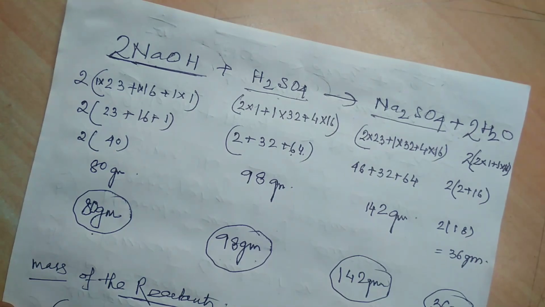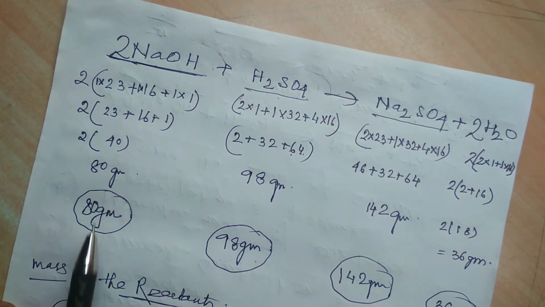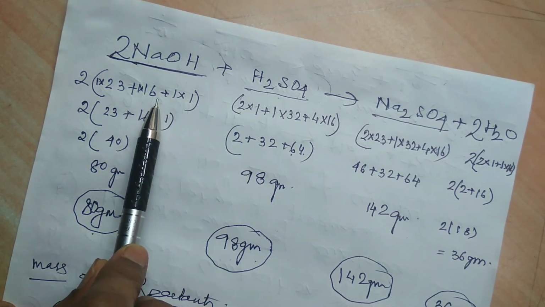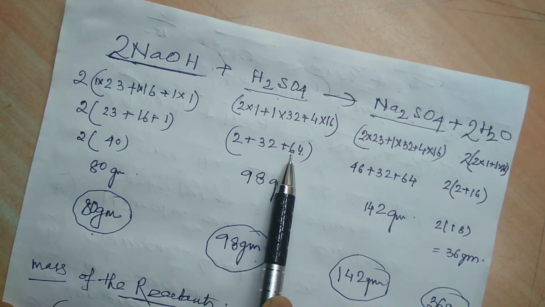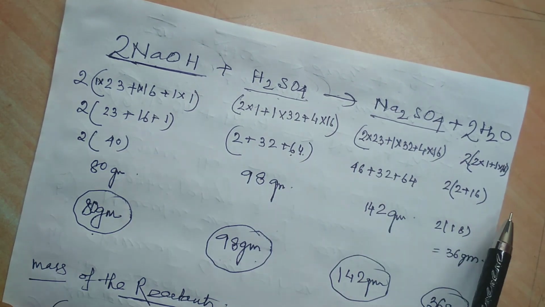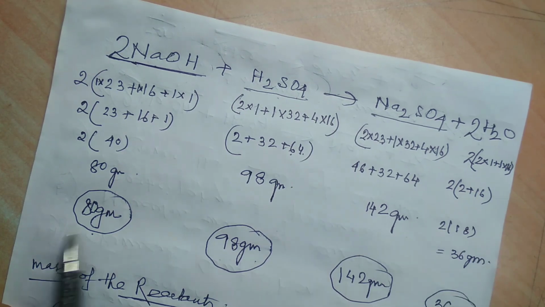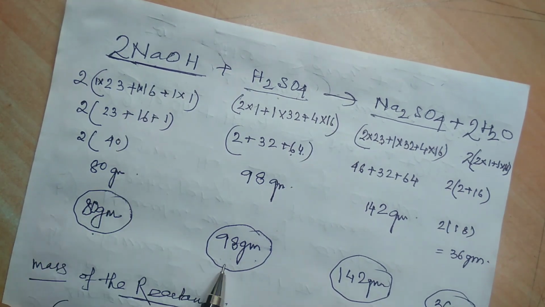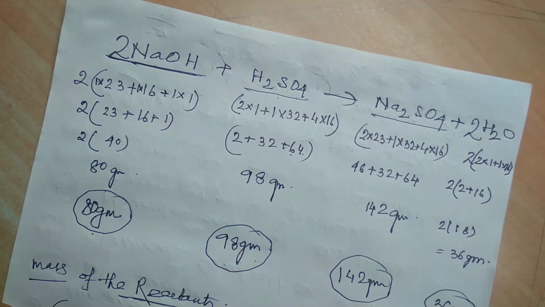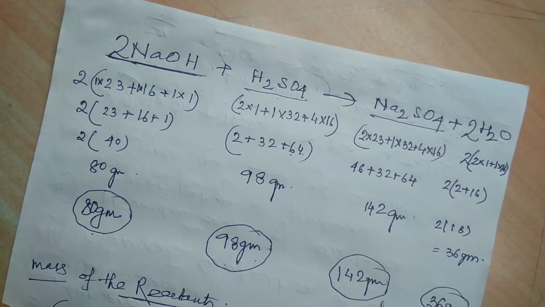Next, we can know about the mass of each reactant and the mass of the products formed during the reaction. Like here, 80 gram of sodium hydroxide reacts with 98 gram of sulfuric acid, gives 142 grams of sodium sulfate and 36 gram of water.